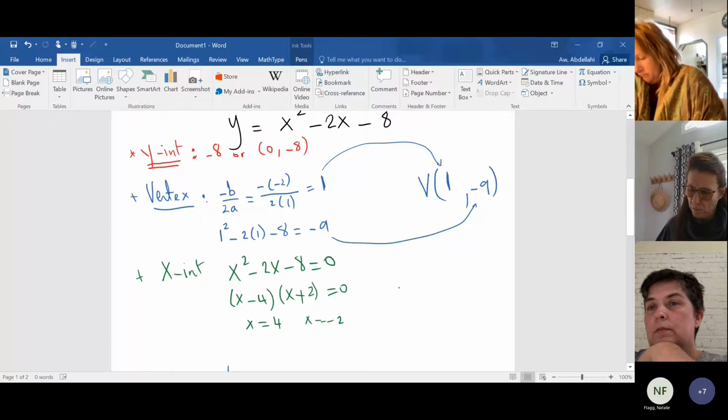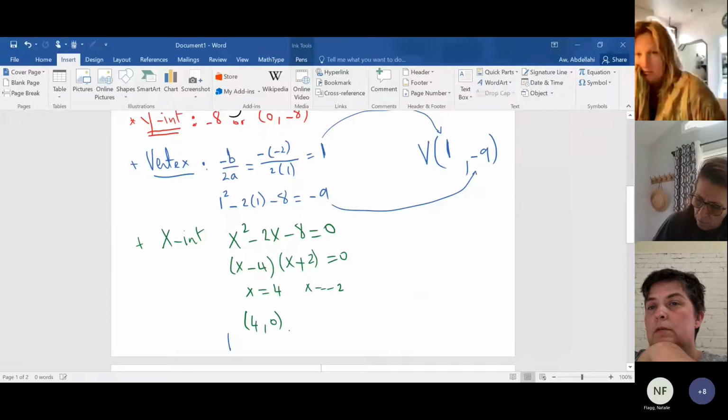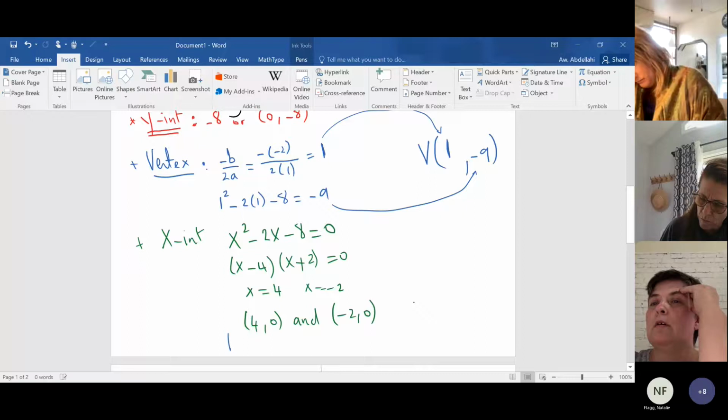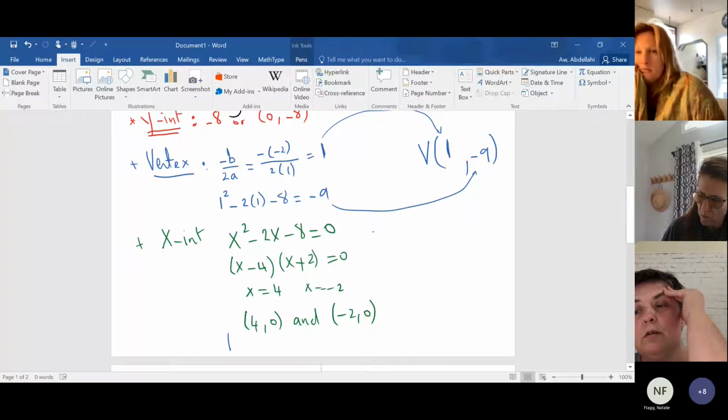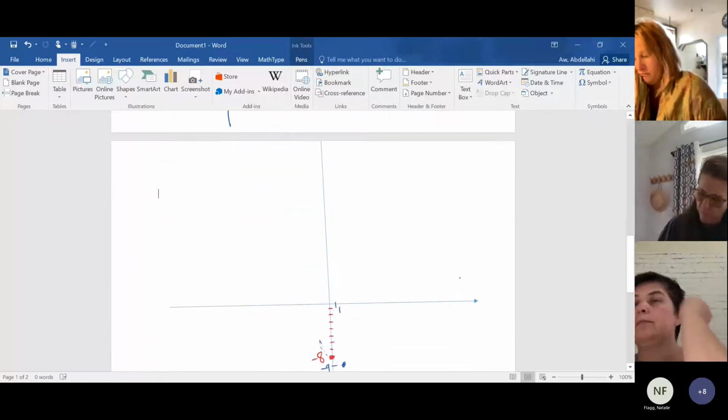These are the two x-intercepts. You can write them as points: 4, 0 and negative 2, 0. Remember, if the example does not factor easily, you can use the quadratic formula, right?